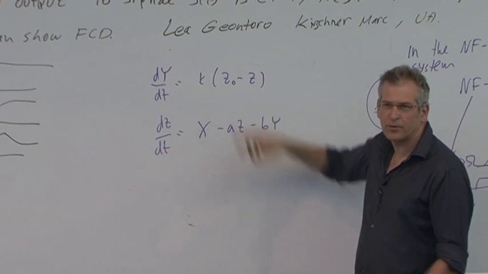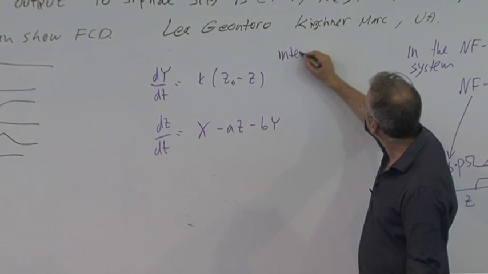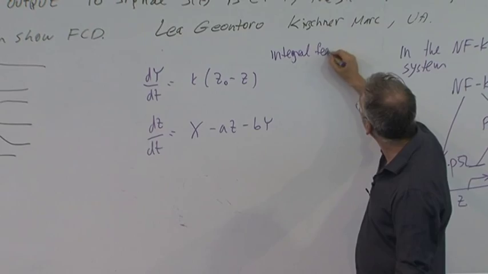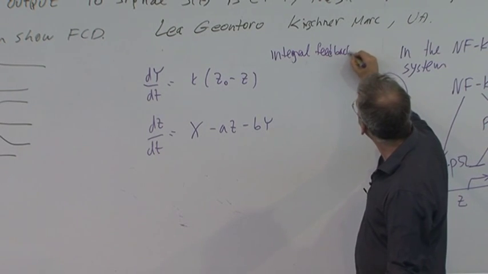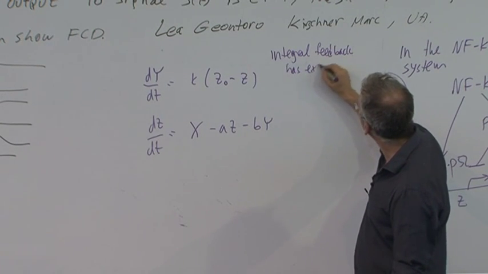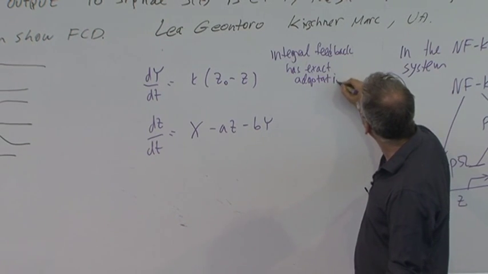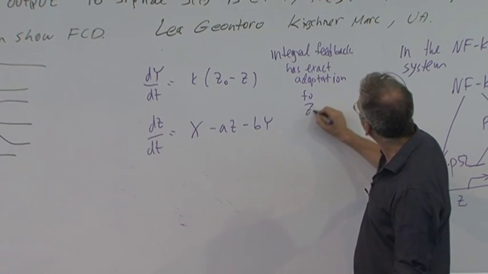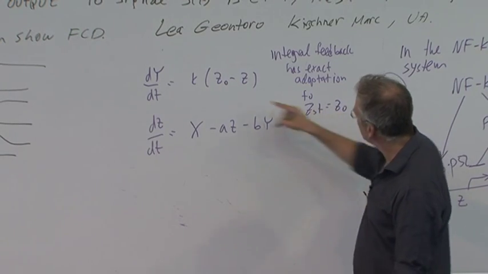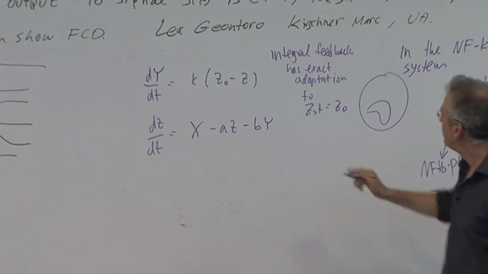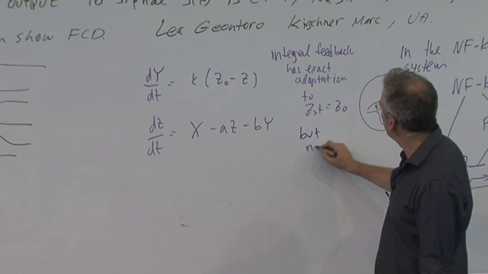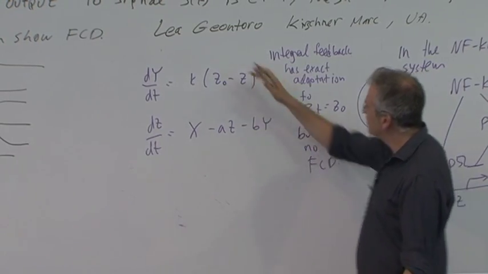That's like what we talked about before. That's the only way you get steady state here. But it has no fold change detection because this is a linear system.